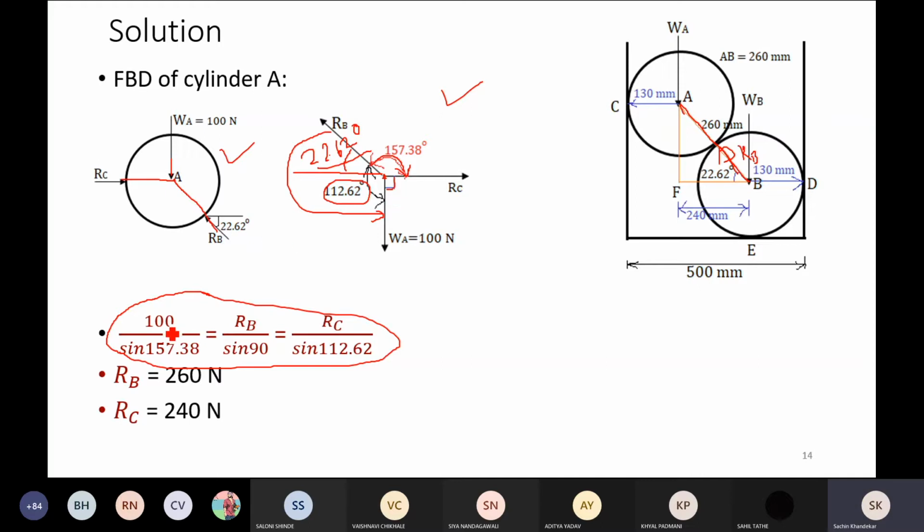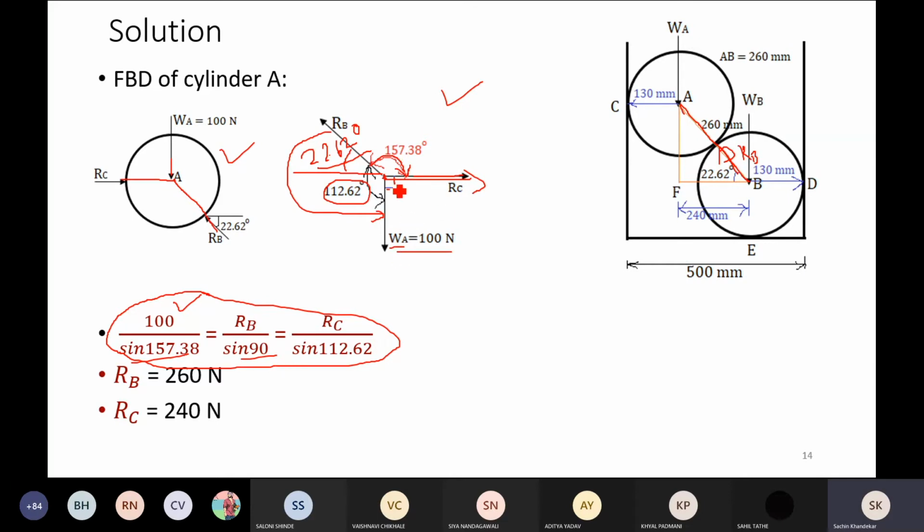Correct. So applying this sine rule, this 100 divided by sine of the angle between the other two forces, that means RB and RC, which is 157.38. Okay, then RB divided by sine of the angle between the other two forces RC and WA, which is 90.